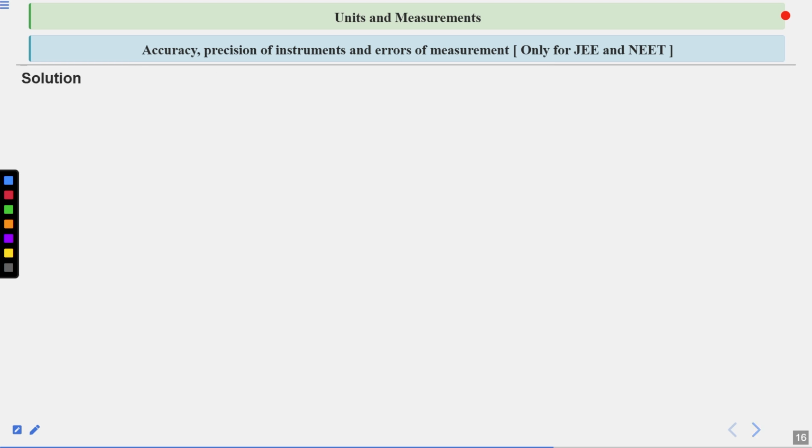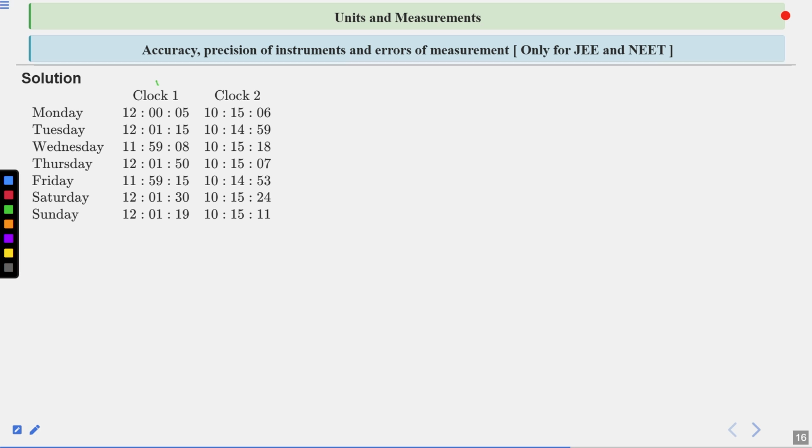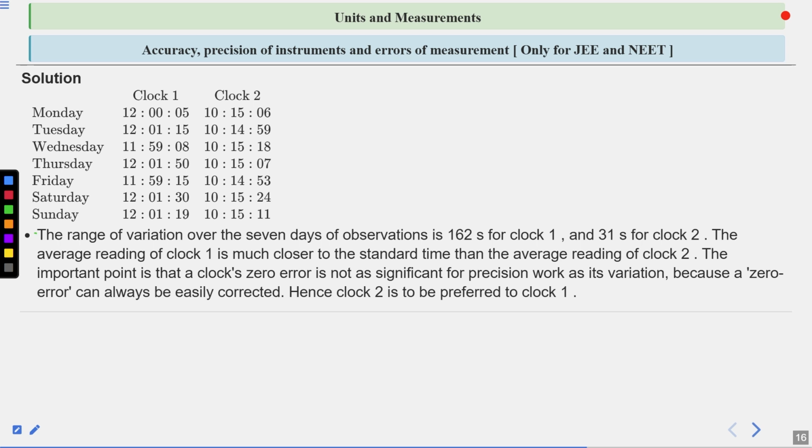Please solve this question. Solution. Clock first and clock second, their readings. The range of variation over the 7 days of observations is 162 seconds for clock first and 31 seconds for clock second.